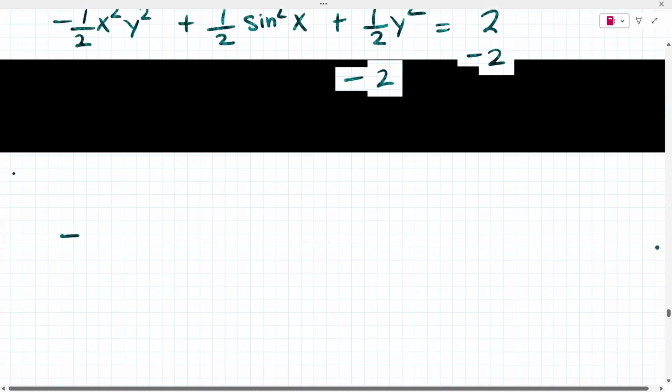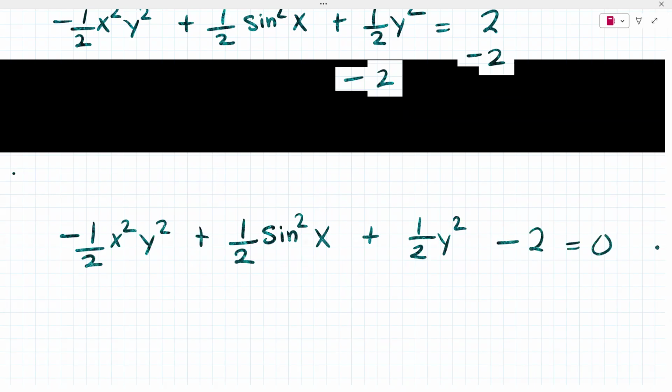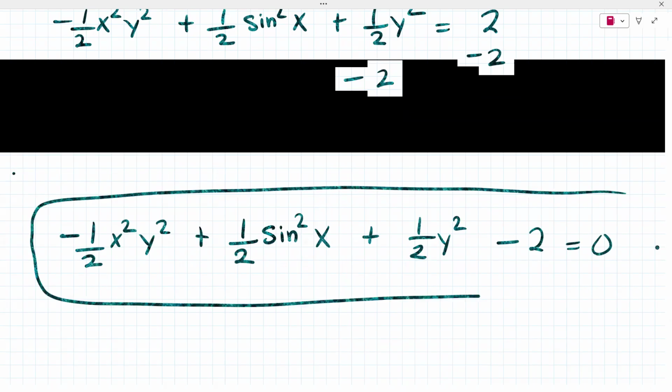Your final answer is negative 1/2 x squared y squared plus 1/2 sine squared x plus 1/2 y squared minus 2 equals 0. Okay.